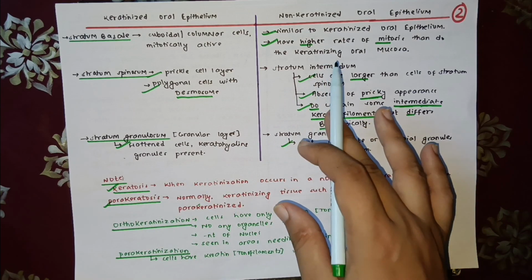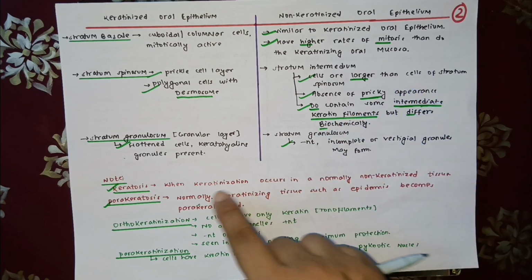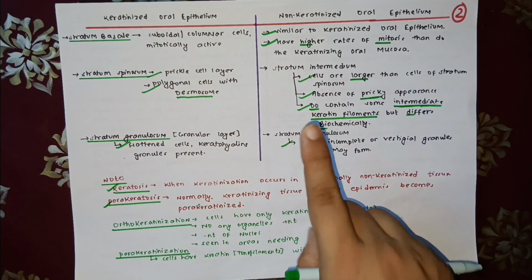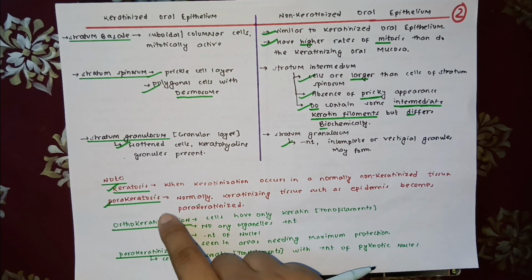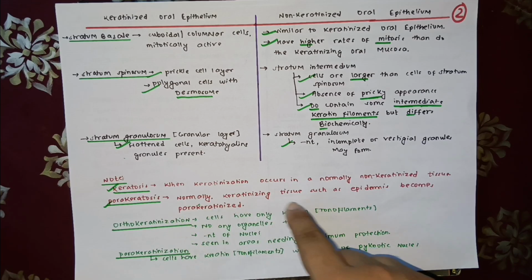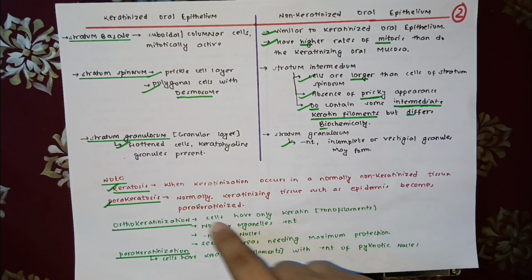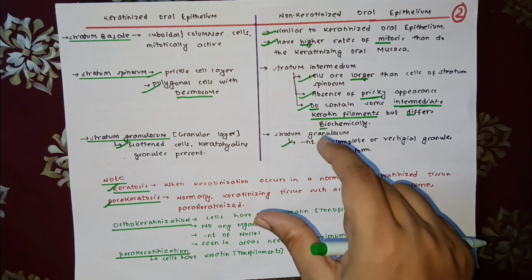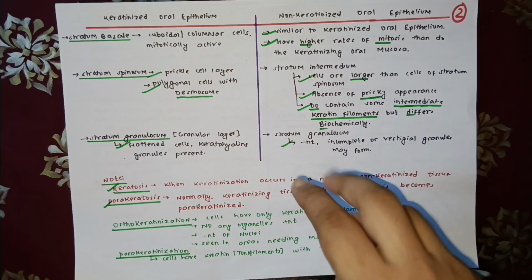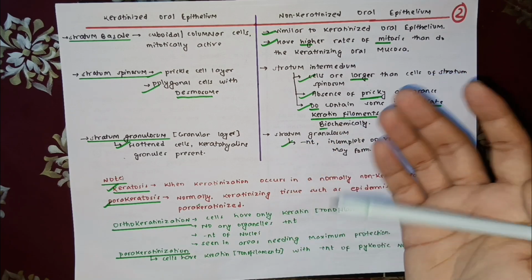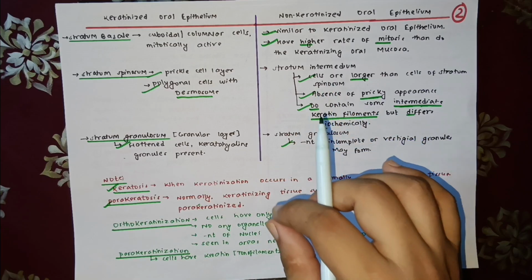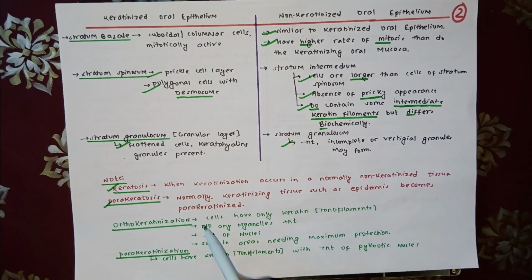Properly keratinized tissue becoming less keratinized is parakeratosis.